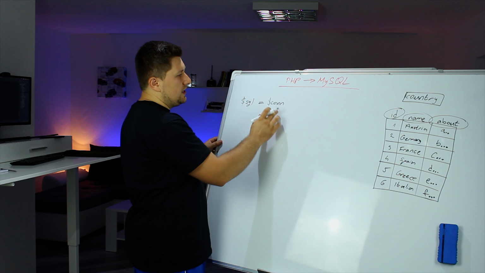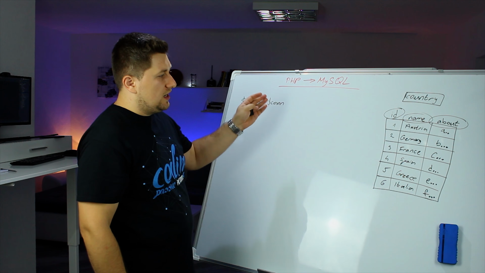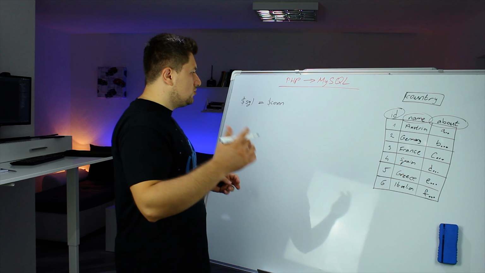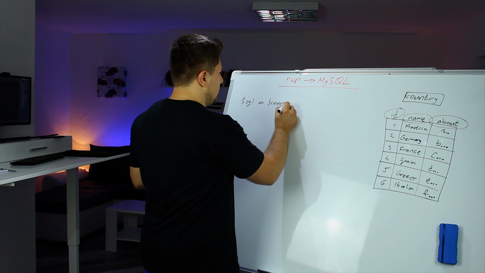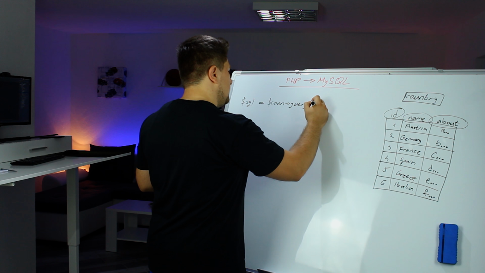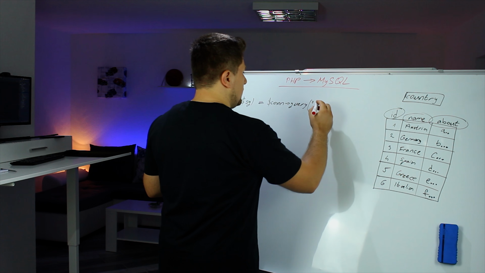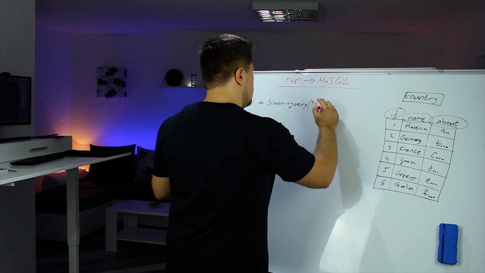Let's say this variable is defined before this, and it's just a connection to our MySQL database. I will show you that in a moment. And here we will just say query, and inside here I will write an SQL. It's very simple.